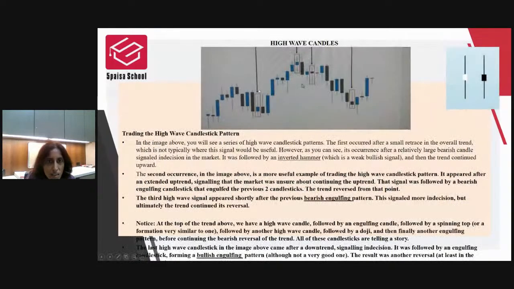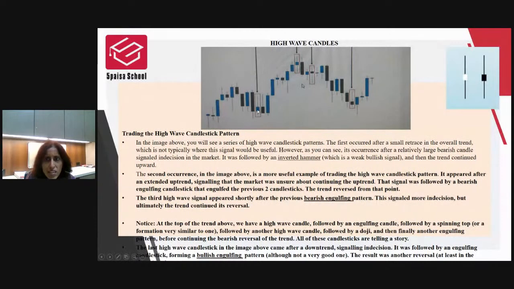So as you can see in this particular chart, there are various high wave candlesticks across this chart. Okay, so the first one occurred after a small retrace in the overall trend, which is not typically where this signal would be used.